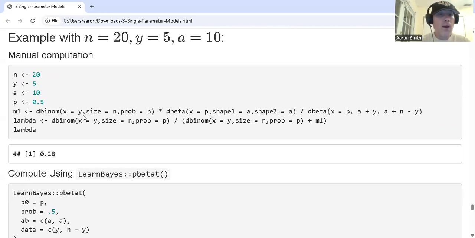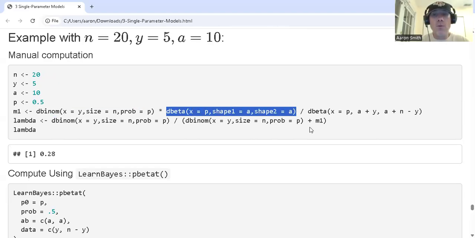Okay, so when I've got this, we're interested in the number of heads we observed, the number of flips, the probability that we have in the hypothesis test, and then the beta distribution with 0.5, and then a on here. So here, this is my data result. This is my prior distribution.